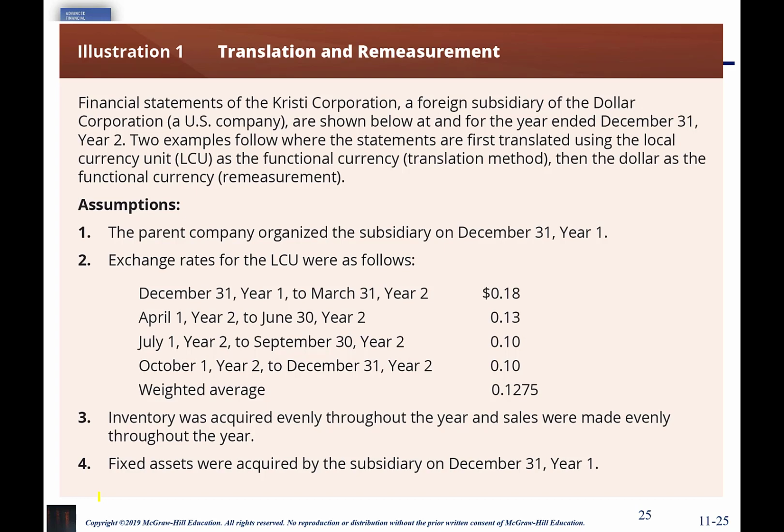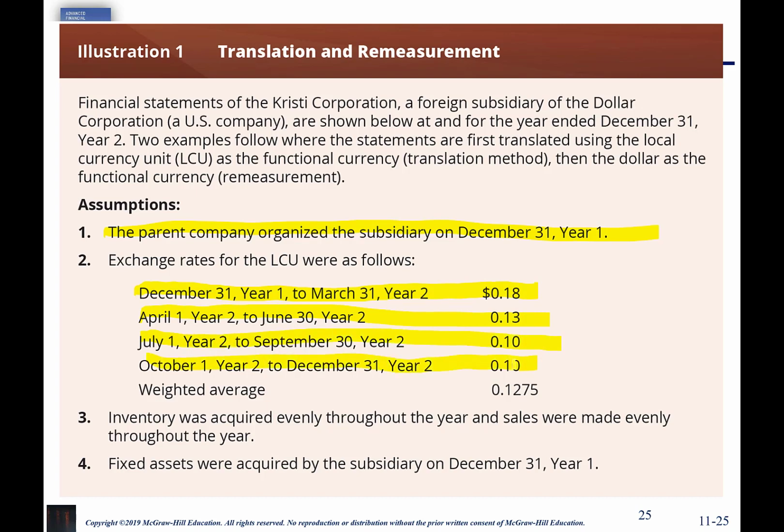Okay, so let's take a look at the process here as to how we might do this translation versus remeasurement, and they give us the different exchange rates. Okay, so we have the situation at December 31st, year one, and we have the different rates that were in effect for different periods, the December 31st to March 31st, April to June, July to September, October to December.